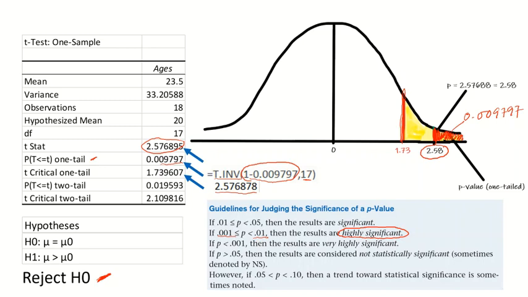Therefore, our final decision is to reject the null hypothesis, that the average age of the faculty in Xavier University is significantly higher than 20 years old. And not just significantly higher, highly significant. Meaning to say, we can really trust our decision here.